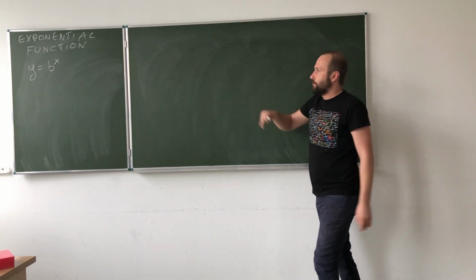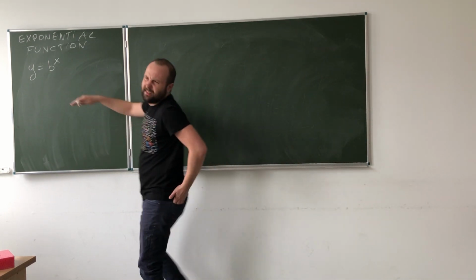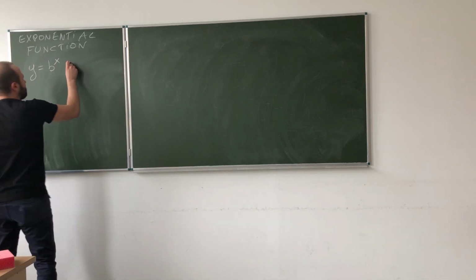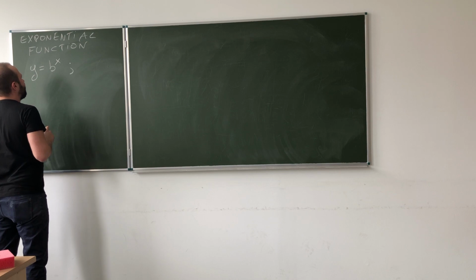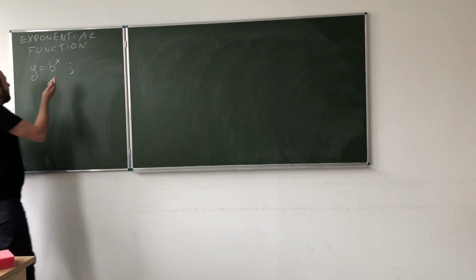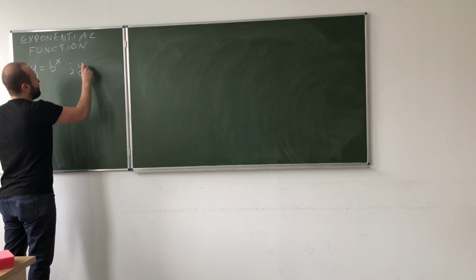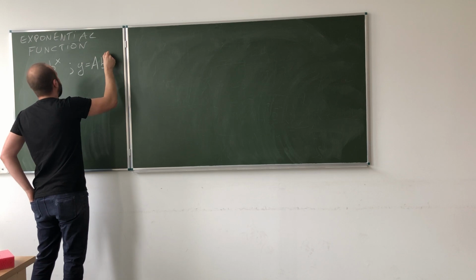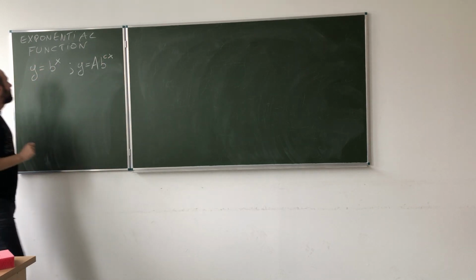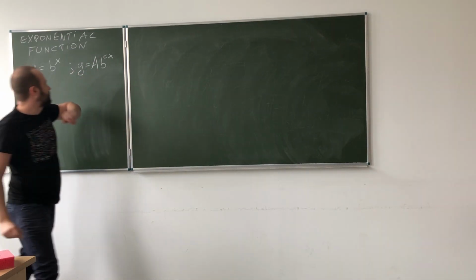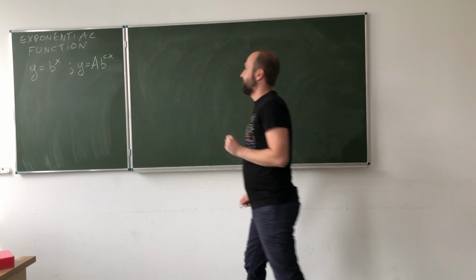But now we use b like base, it makes more sense. The more general version of this function can be written as a times b to the power c x. We're going to start with this function, and then we will slowly move to more and more complex versions.